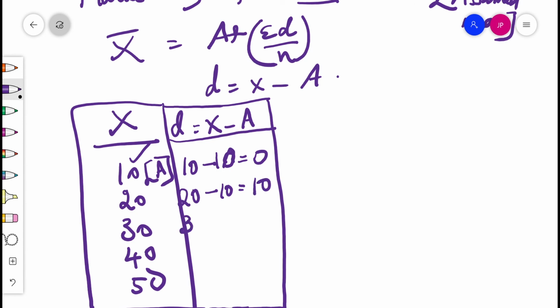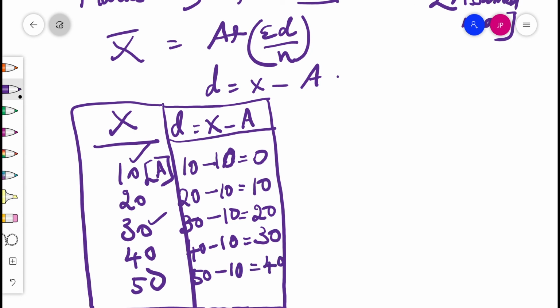Then 30 minus 10 is 20. Then 40 minus 10 is 30. 50 minus 10 is 40. So what is our sigma d? All values are positive because I assumed the smallest one. 10 plus 20 is 30, 30 plus 30 is 60, plus 40 is 100.